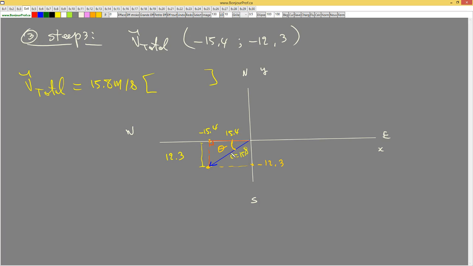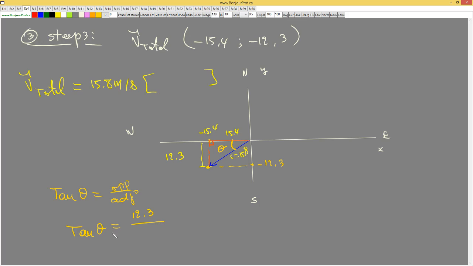So how are we going to find the theta? We have to choose cosine, sine, or tangent. We are going to use tangent. Always in here, we are going to use tangent. Tangent theta equals opposite over adjacent. What is the opposite? 12.3. What is the adjacent?